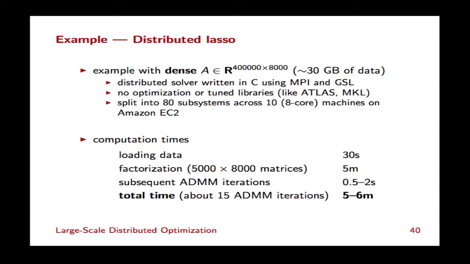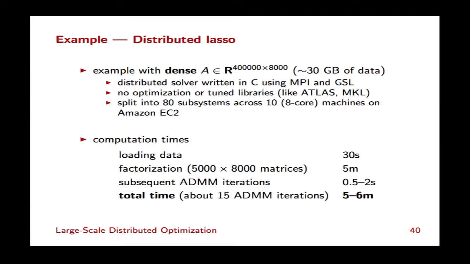Then Neil, a student of mine, wrote a very simple thing. It's pedagogical, so it's not supposed to be short code. Very simple, utterly non-optimized. It's in C using MPI and the GNU Scientific Library. It's completely untuned, so you could divide these numbers by 10, but that's really not the point.